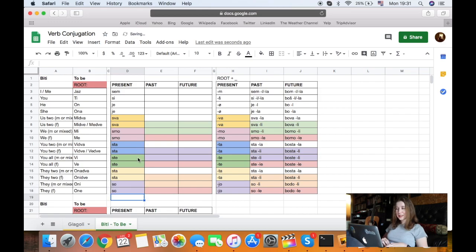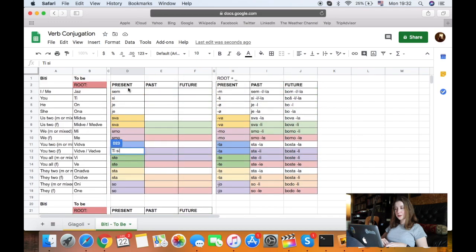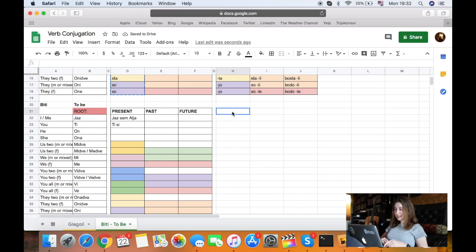So now let's quickly also put this in some examples so it makes more sense. We use them in hopefully good ways. So ti si, if we go back up, so maybe just to help us for now I will copy, I will delete this one later. Sem, we already used this one.